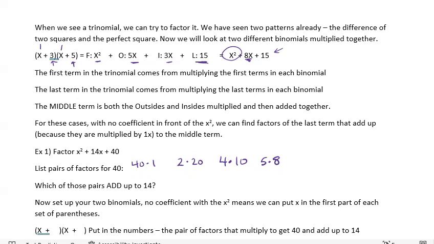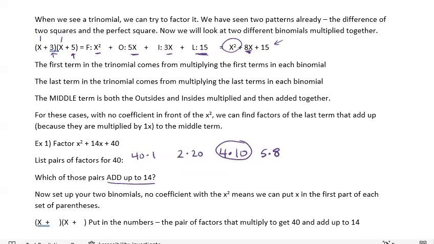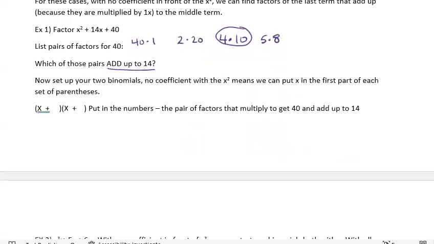So which of those pairs add up to 14? Well, it's this one right here. So now we're going to set up our two binomials. That no coefficient with the x squared means we can put an x in the first part of each set of parentheses. So we have an x, and then we're looking at our signs here to know if it's plus or minus. As long as it's a plus here, then we know that the signs are the same.